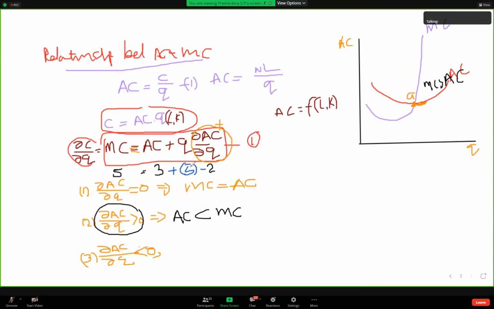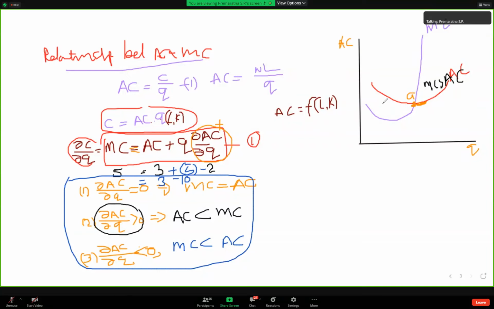Then that 5 times the slope becomes negative 10. So here 3 goes down. So you can see the marginal cost must be less than the average cost if it satisfies this equality. In these three situations, in the third, the marginal cost is less than the average cost.